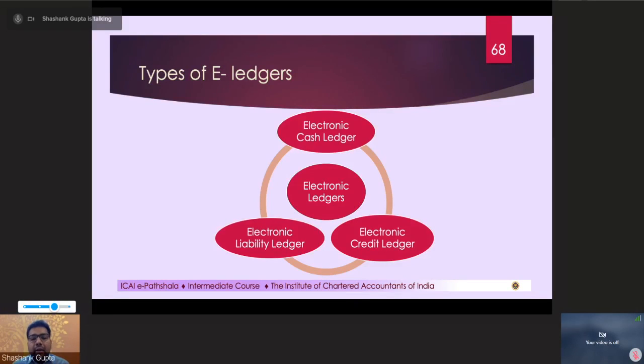In the electronic credit ledger, there are details of all the credit availed by any taxpayer and the utilization of that credit. And in the electronic liability ledger, there are details of all the liability created on an assessee, whether by himself or by the department, and the liability being paid off by such taxpayer.